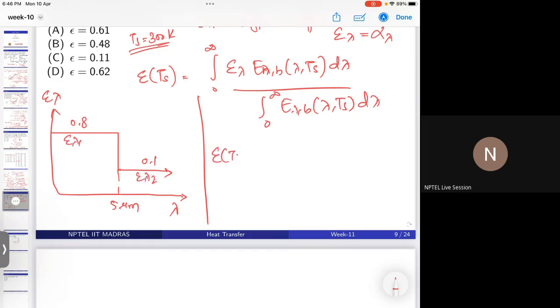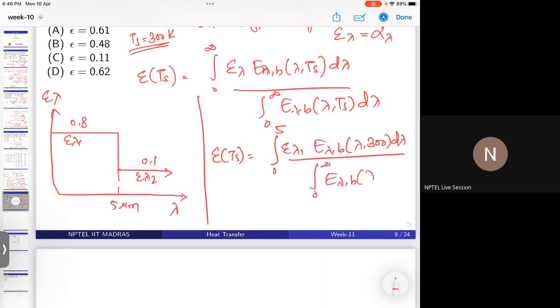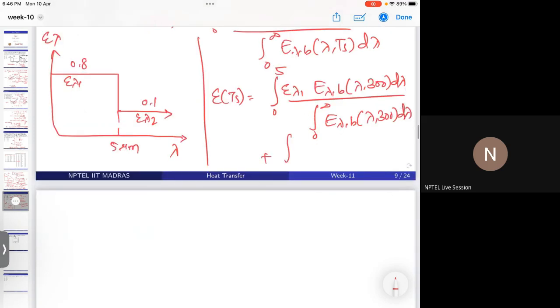So Ts is equal to integral 0 to 5 of E lambda 1 E lambda B lambda, where Ts is 300 Kelvin, plus integral 5 to infinity of E lambda 2 E lambda B lambda 300 d lambda, divided by the integral of E lambda B lambda 300 d lambda.